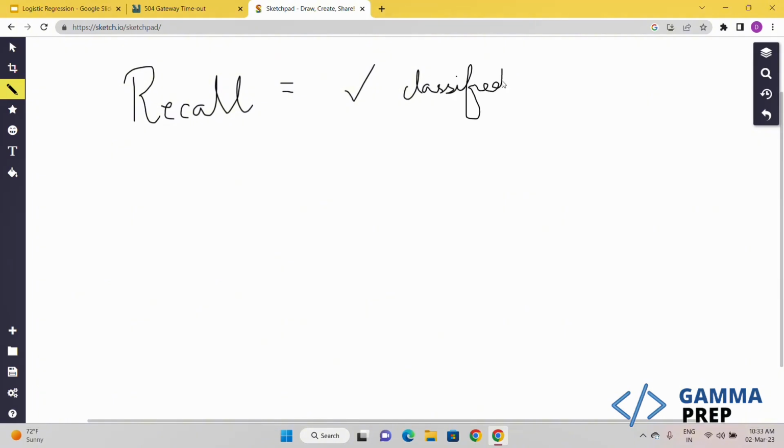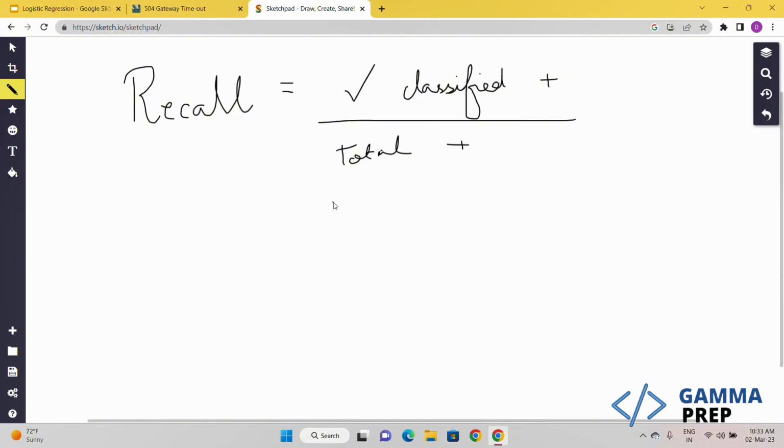Now the next one that we have is called recall. It is defined as the ratio of the total number of correctly classified positive classes divided by the total number of positive classes.